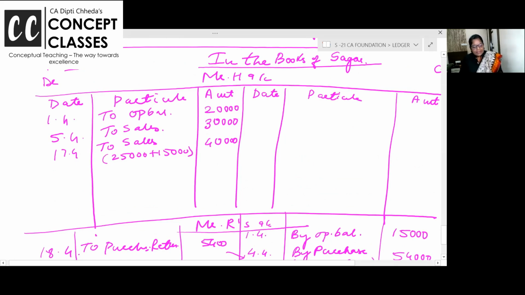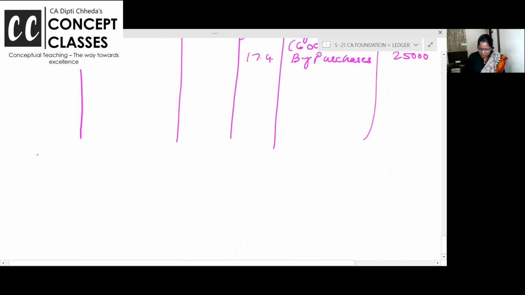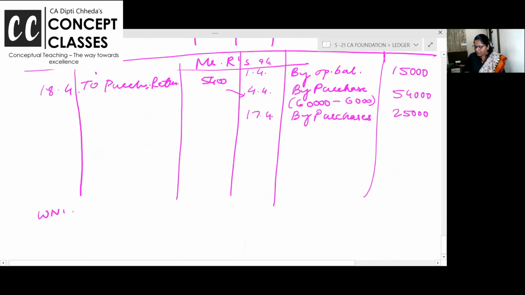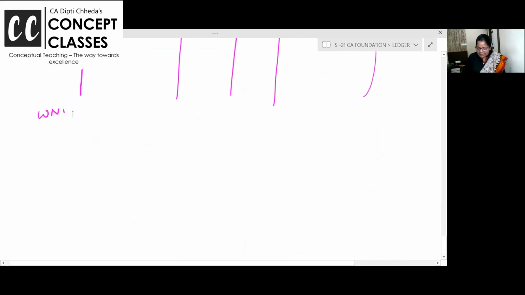So Sagar issued a cash memo of 10,000 to Mr. H, and he is going to pay immediately. Now look at this entry. I want all of you to go to working note 1. The language is important. Write the date, write working note 1. After around 8-10 lines, 19th of April.